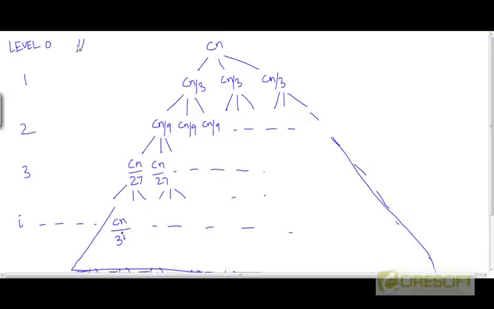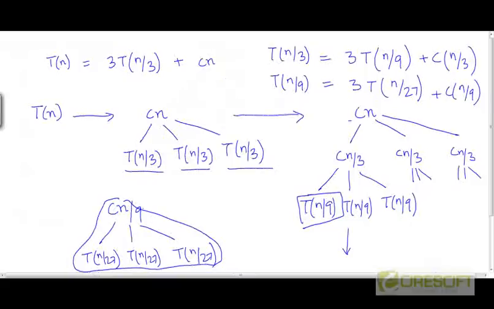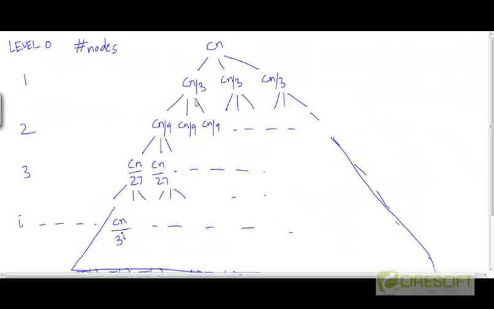And how many nodes will there be at each level? Well, if we are dividing each problem into 3 subproblems, then each of the nodes is going to have 3 children. So the number of nodes at the top was 1.